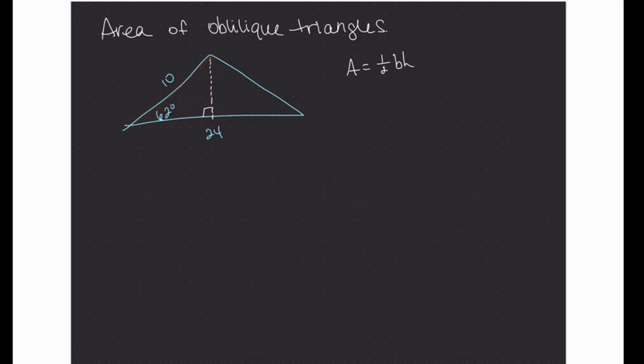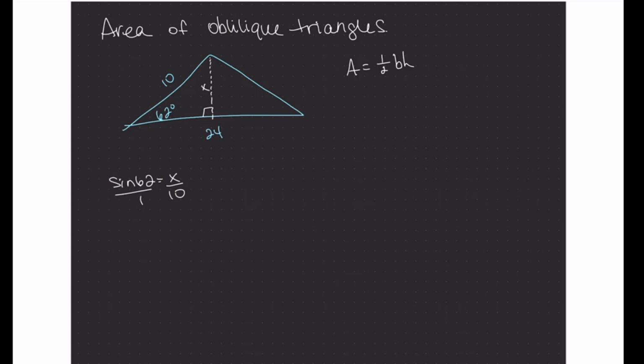So the sine of 62 equals the opposite, which we'll call x, over the hypotenuse, which is 10.